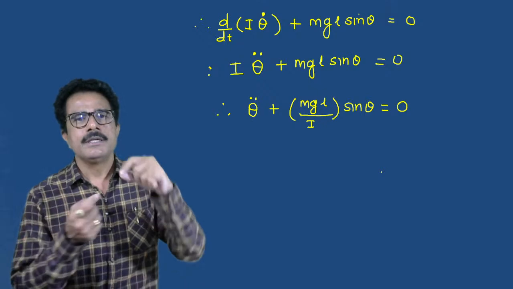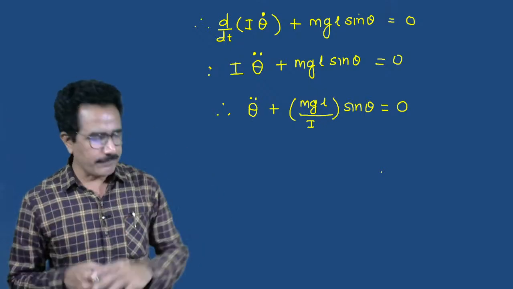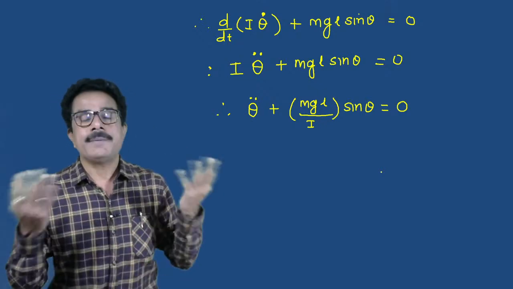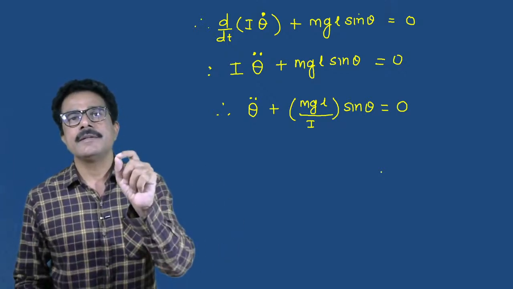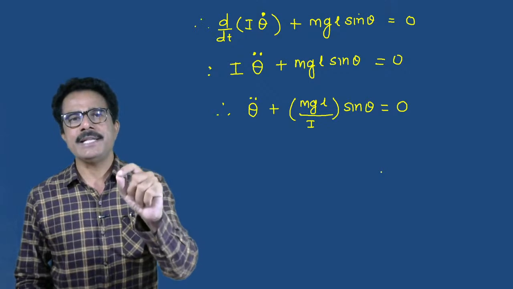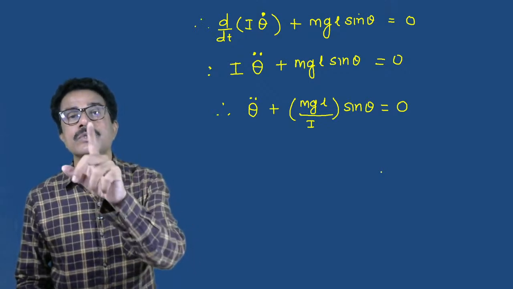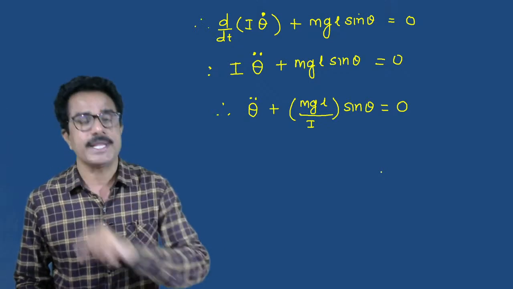So if deflection is very small, that means amplitude of oscillation is very small, then the value of sin theta is approximately equal to theta in the radian system. You note that.